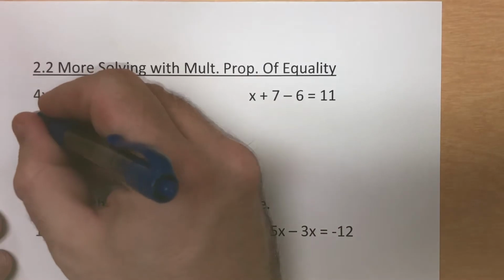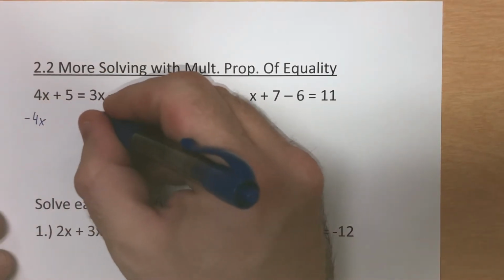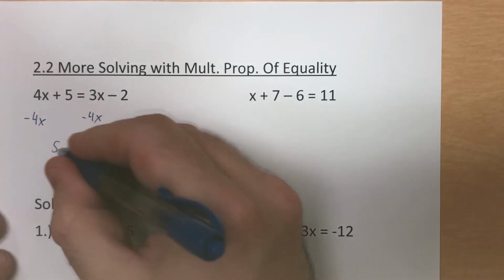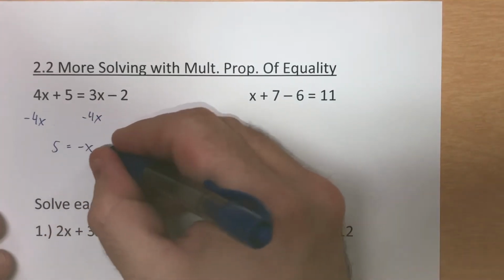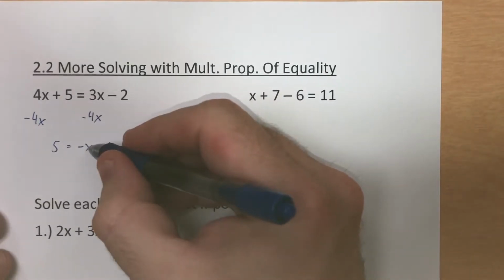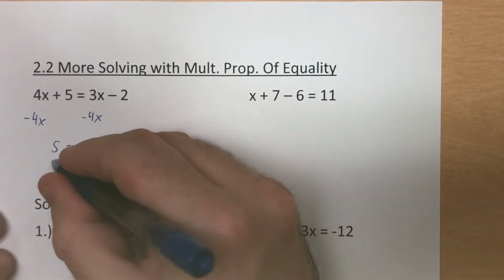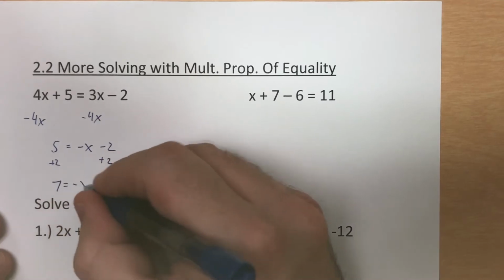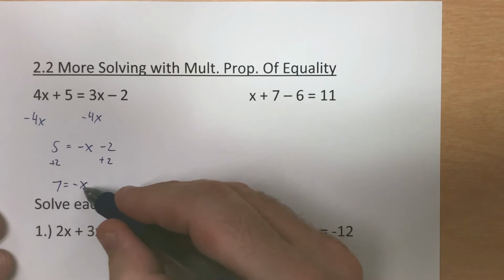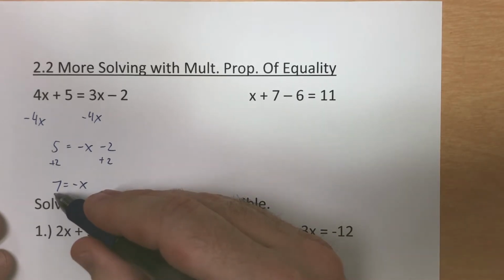But we might accidentally get caught by subtracting the 4x from both sides. And it's not wrong to subtract 4x from both sides, but you end up with negative x instead of x. We would then add 2 to both sides. And I told you guys, if this happened to you and you got negative x equals 7, that you just switch your signs.